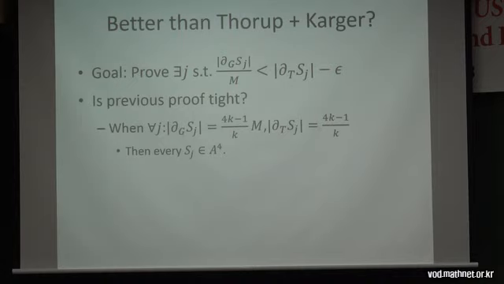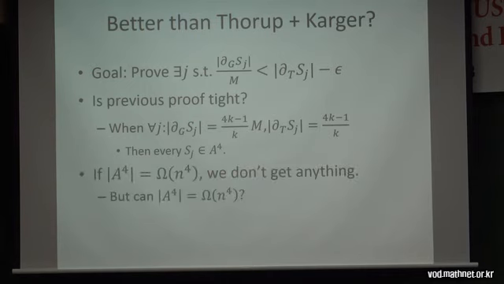In this case, we know that all Sj should belong to A4. So, for example, if the size of A4 was n to the 4, then we are not really getting anything, because to decrease tree edges by 4, we need to enumerate n to the 4 sets.